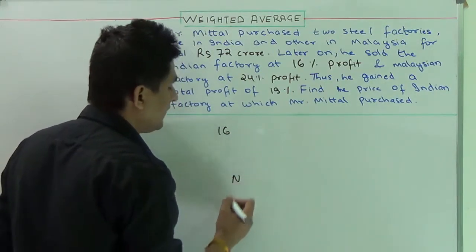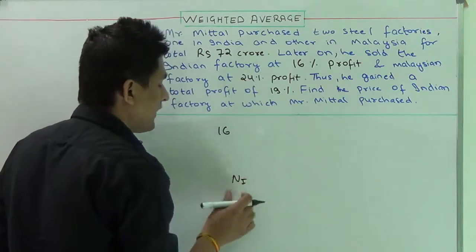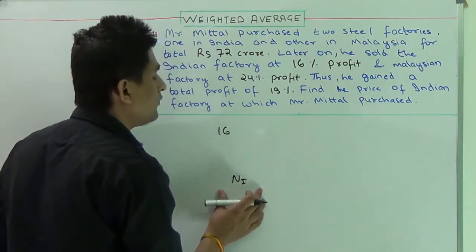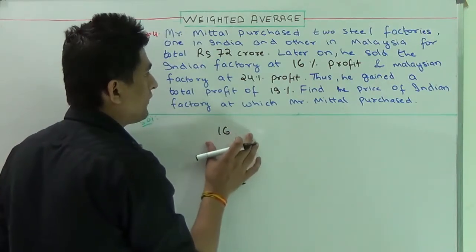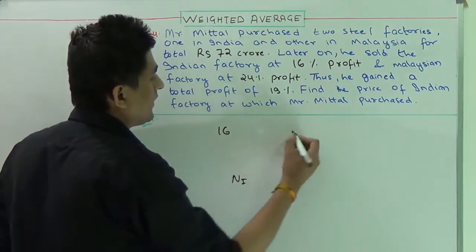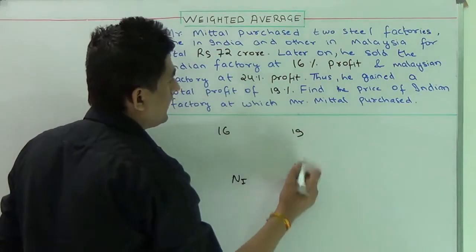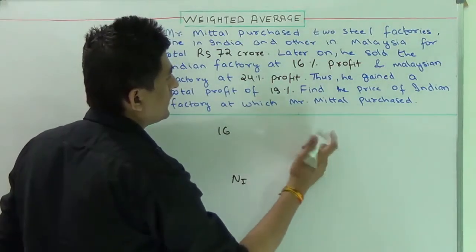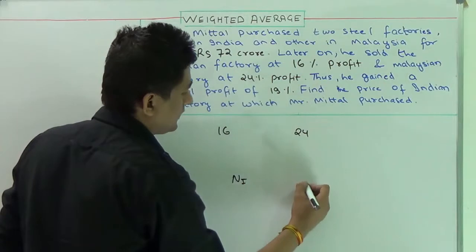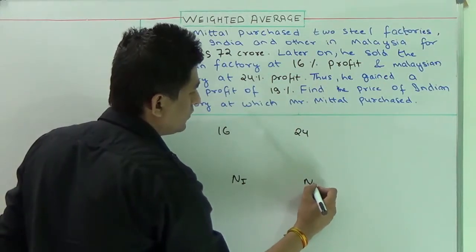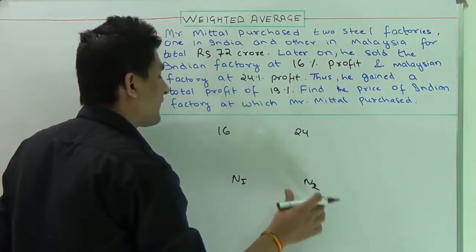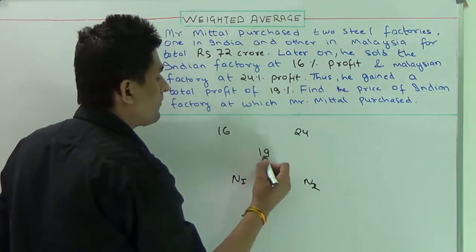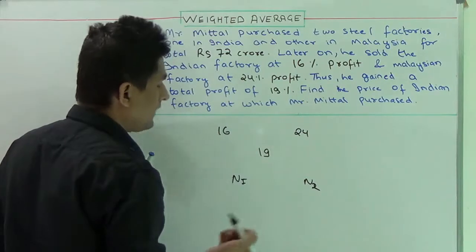So I am taking N1 to be the cost price of the Indian factory, because the profit on the Indian factory is 16%. On the Malaysian factory it's 24%. So I am taking it to be N2. The cost price of the Malaysian factory is N2, and the overall profit is 19%.